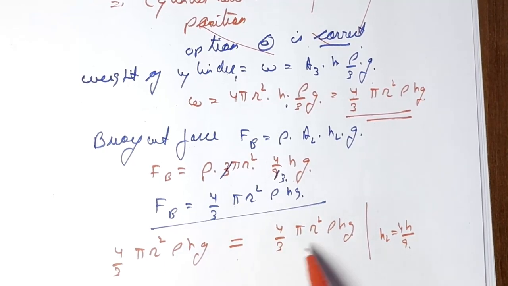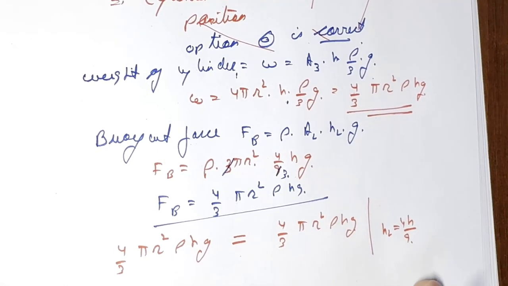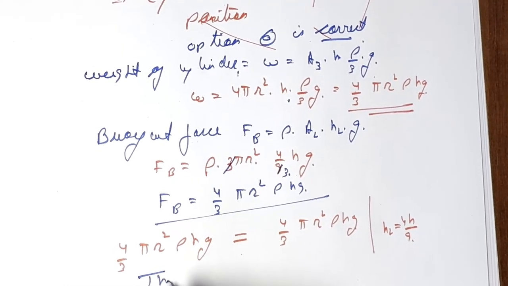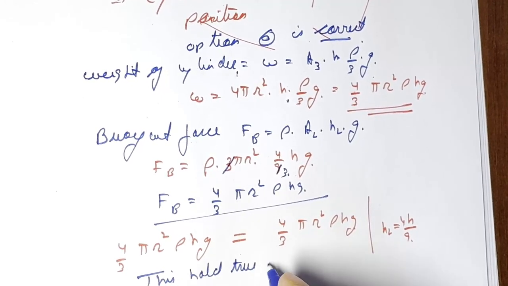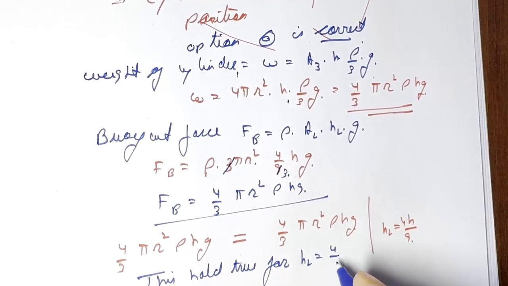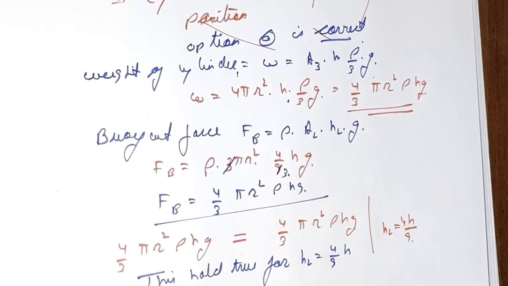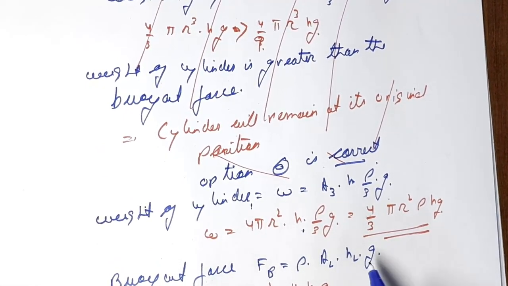Okay, this condition holds true for 4H by 9. And if the height is further reduced, because this holds true for H2 equal to 4 by 9 H, and H2 is only available in the equation for buoyant force.